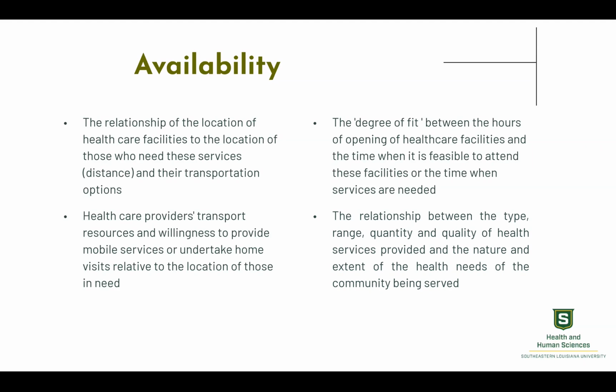There's not going to be a lot of people from that community who need cosmetic surgery, especially because insurance doesn't cover it and you have to pay out of pocket. So that facility is not going to meet the health needs of the community. That's one of the things to consider.